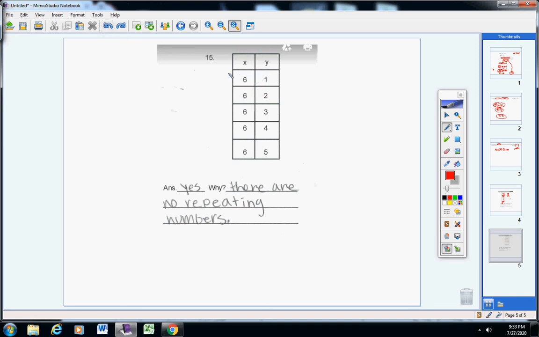So, your 6 actually gave you out 5 numbers. Your 6 gave you out a 1, a 2, a 3, a 4, and a 5. This is not a function.